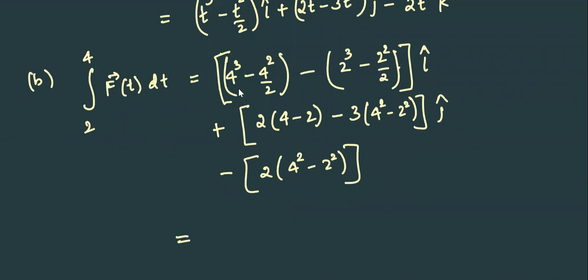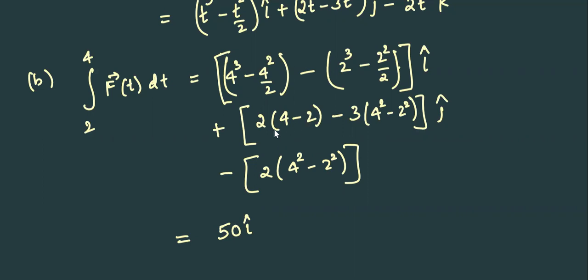So this is 64 minus 8, 56. The first term gives 64 minus 8, 56 minus of, let us see this, 8 minus 2, 6. So 56 minus 6 is 50. Let us look at the next one.